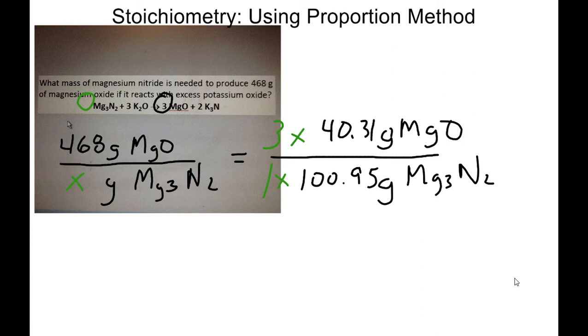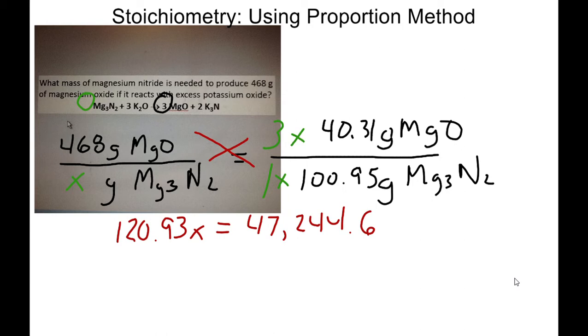We simply cross-multiply to begin solving. Therefore, 3 times x times 40.31. This reveals an amount of 120.93x. Now we cross-multiply 468 times 1 times 100.95.